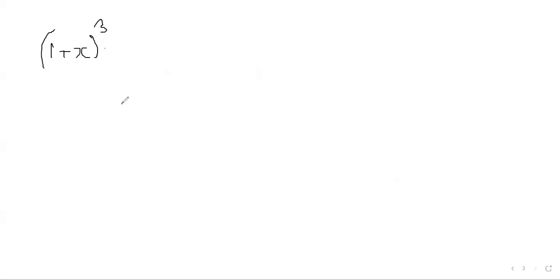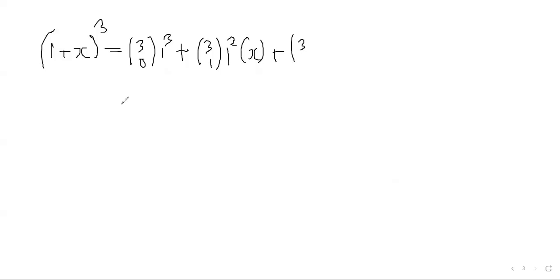When we expand this, this is going to be 3 choose 0, 1 to the power 3, plus 3 choose 1, 1 to the power 2, x to the power 1, plus 3 choose 2, 1 to the power 1, and then x to the power 2, plus 3 choose 3, and we have 1 to the power 0, x to the power 3.